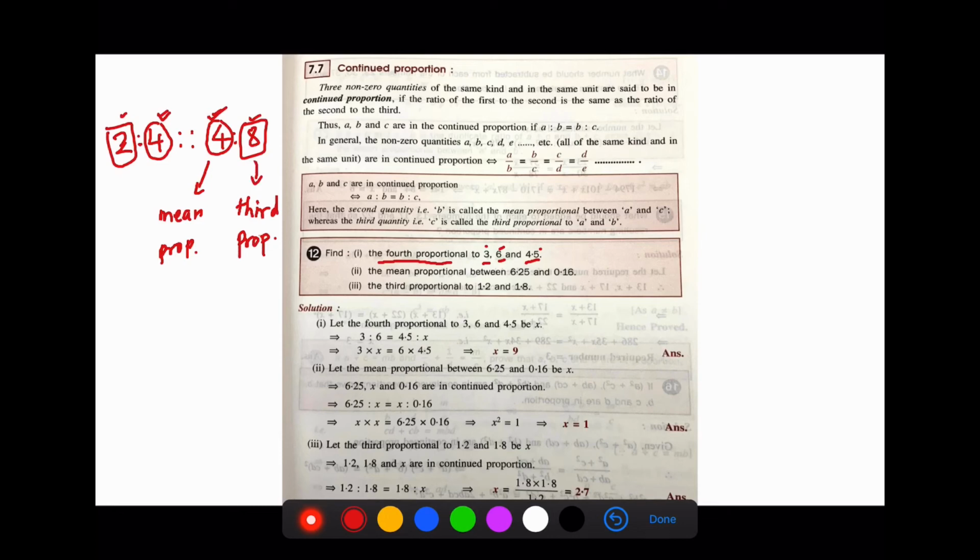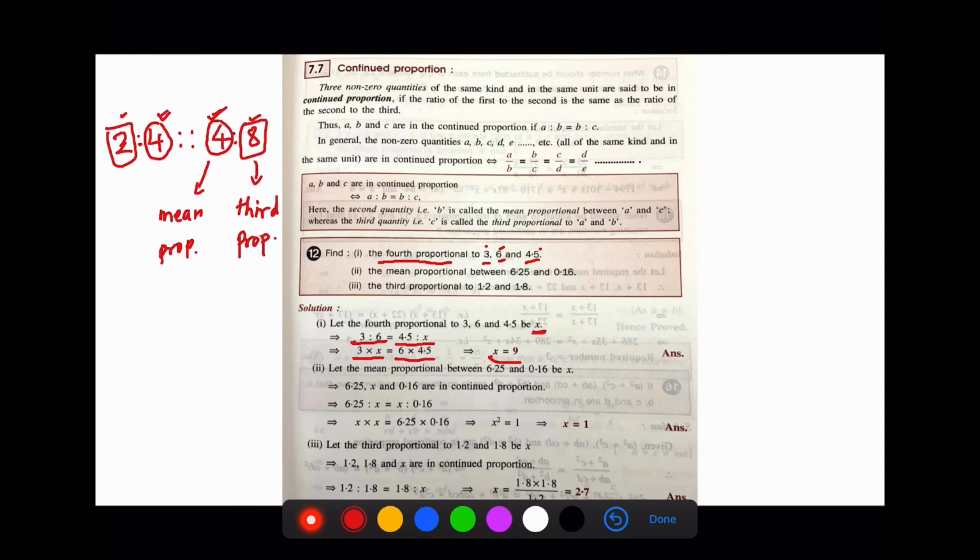So you can assume the fourth proportional to be x. So the proportion would look like 3 is to 6 as 4.5 is to x. So we can write like this, and we can use the property that the product of the extremes, 3 into x, will be equal to the product of the means, 6 into 4.5. So solving for x we get 9.